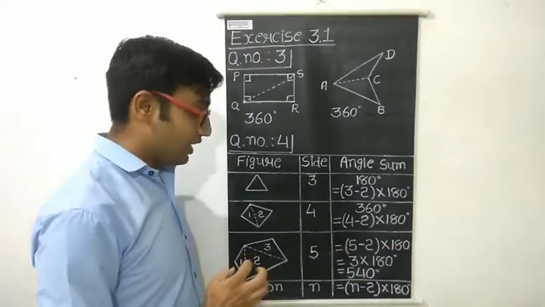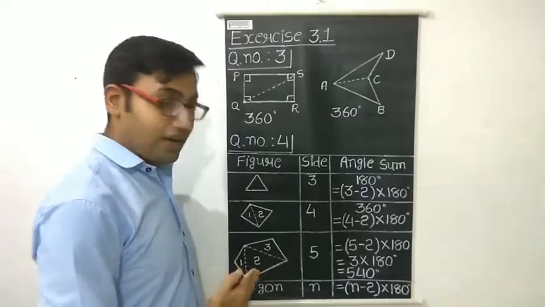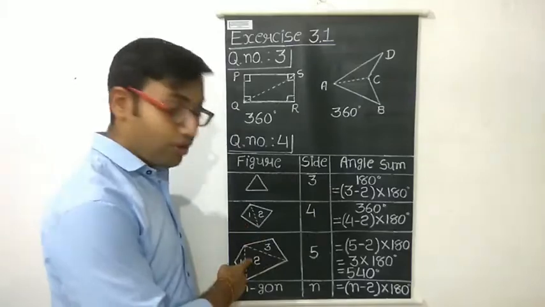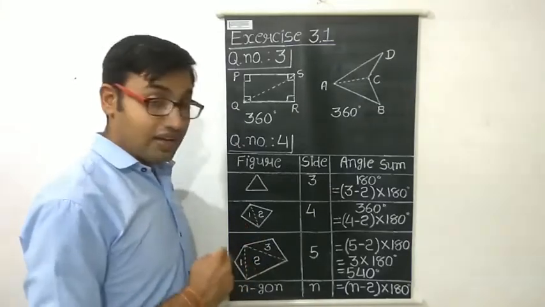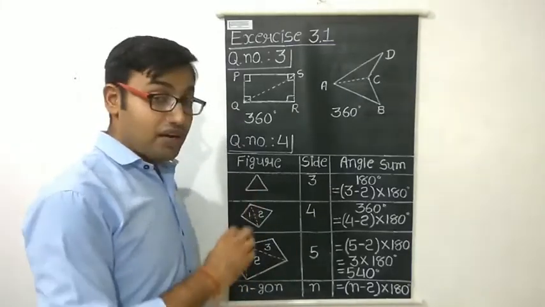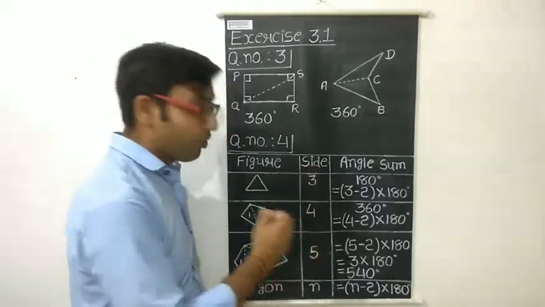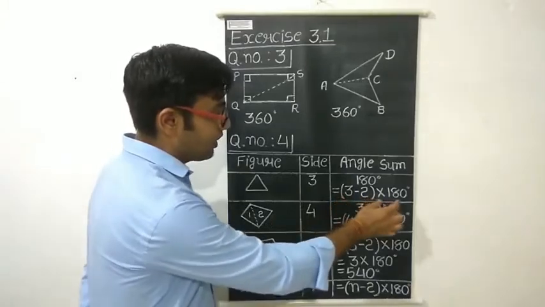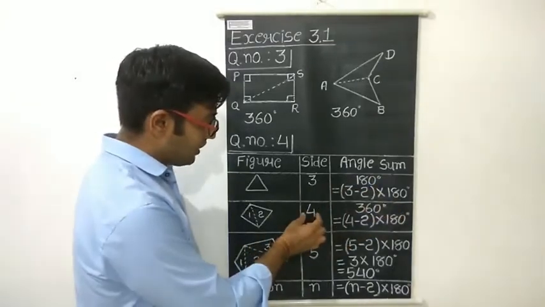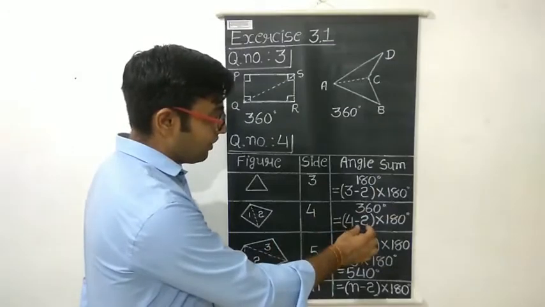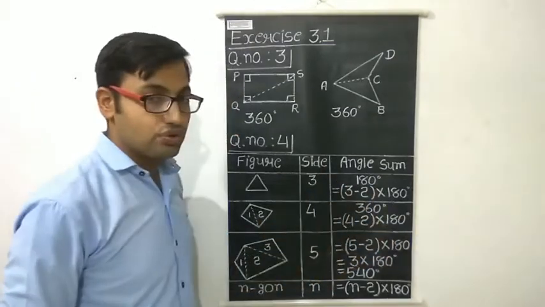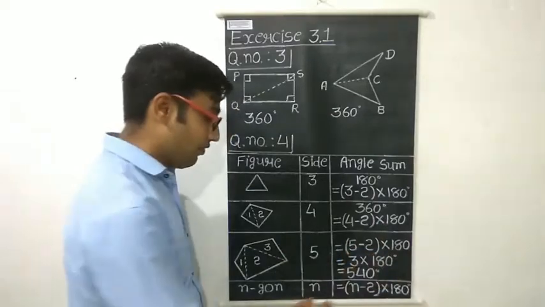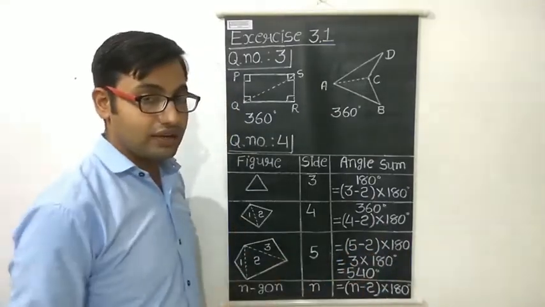Okay, so now you can understand that we can find the angle sum of any polygon of this type by subtracting 2 from the number of sides. Here the number of sides is 3, so we subtract 2, and we get 180. Here the number of sides is 4, so by subtracting 2, we get 2 into 180, which is equal to 360. Here we subtract 2 from 5 and multiply by 180, we get the answer 540. Is it correct? It is correct.